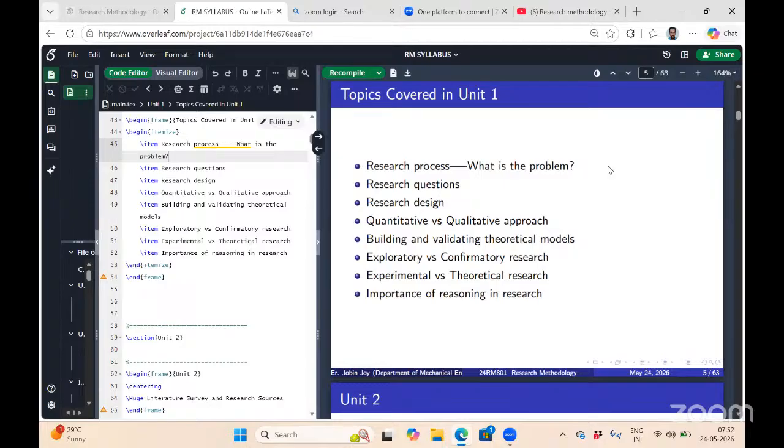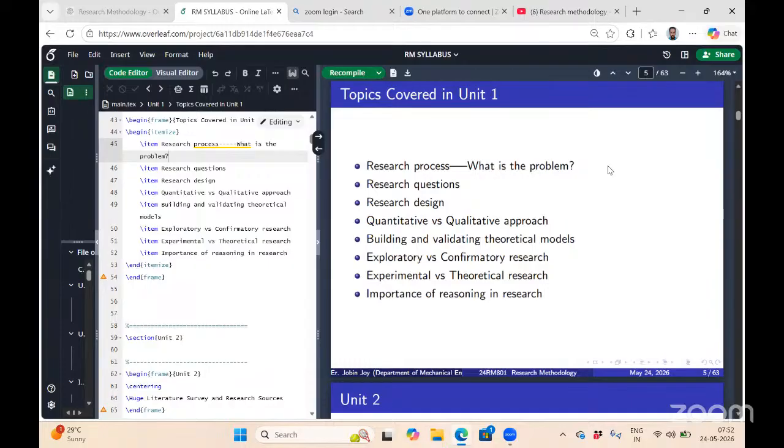Then experimental versus theoretical research. Experimental research involves practical experiments to study the relationships between variables. For example, testing the strength of materials in a laboratory or measuring machine performance under different temperatures.